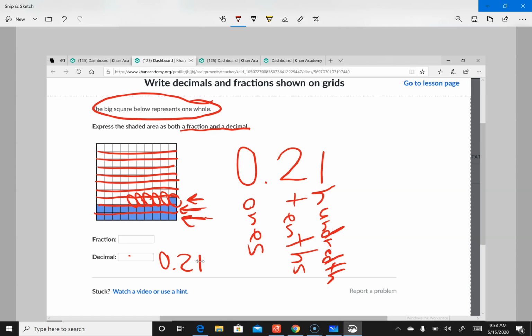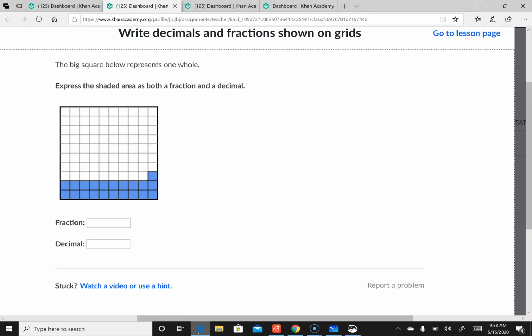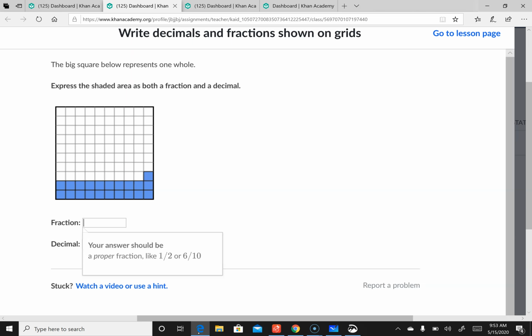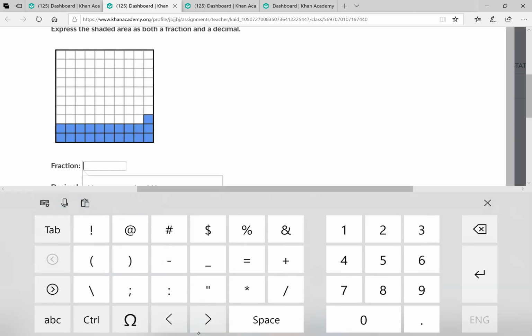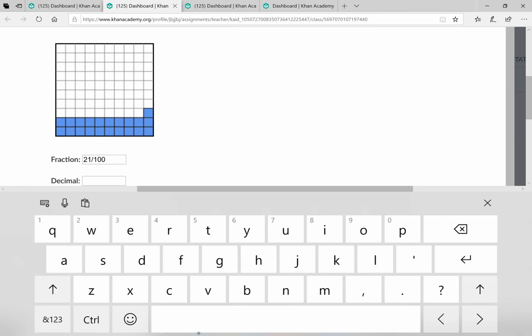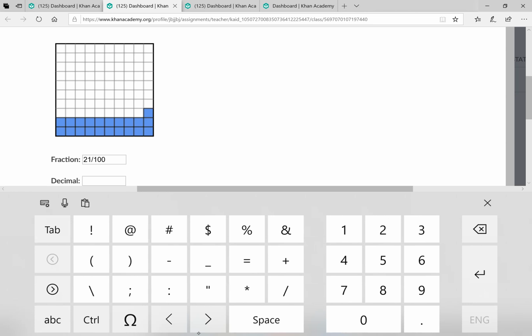Our fraction is going to be 21/100ths. So when we write this in Khan Academy, we will write it like this: 21, and then a slash, 100. And the decimal will be 0.21. Okay?